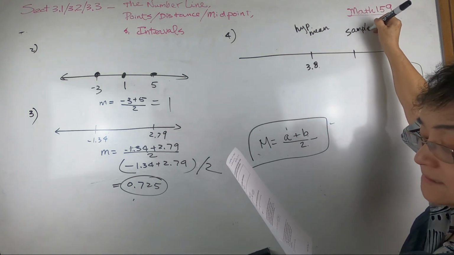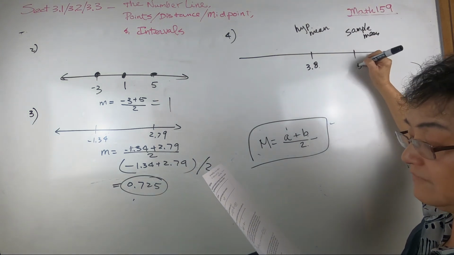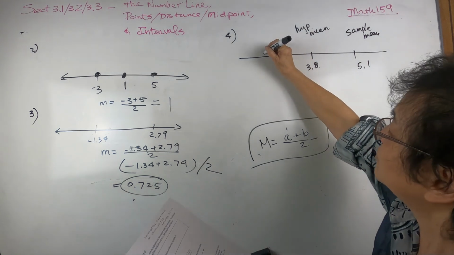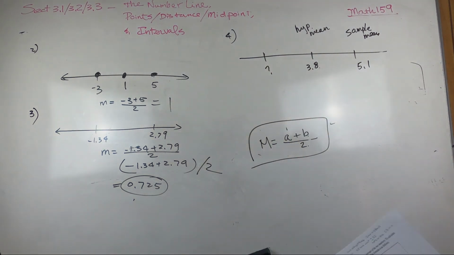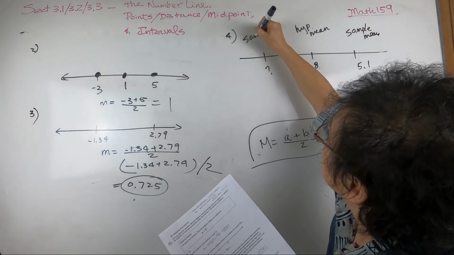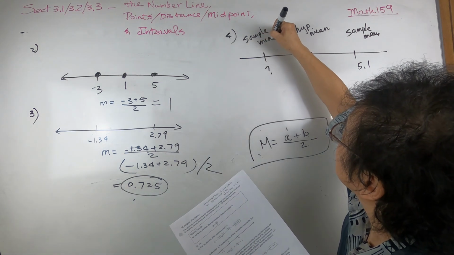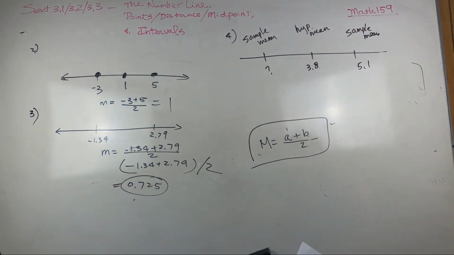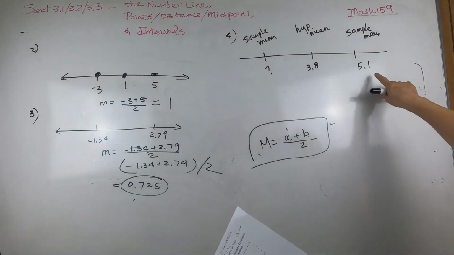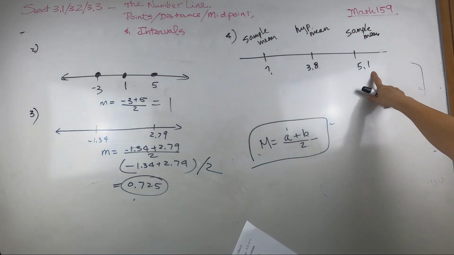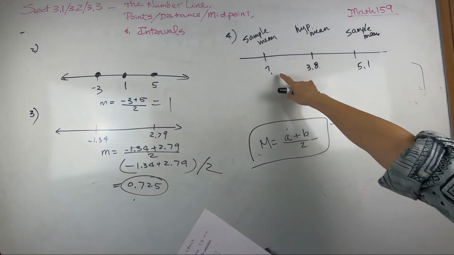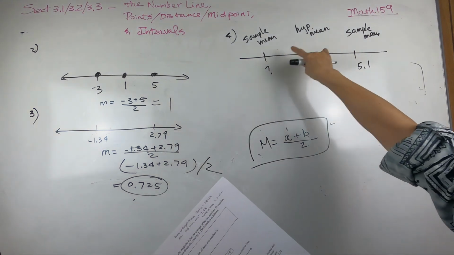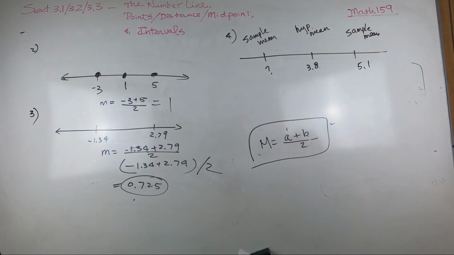On the right hand side, the sample mean is 5.1. Then what is the left hand side of the sample mean? The hypothesized mean is in between the data you collect, right? Sometimes in a bunch of samples you got a 5.1, but sometimes you got less. But on average, you got a 3.8 according to the way you hypothesized.